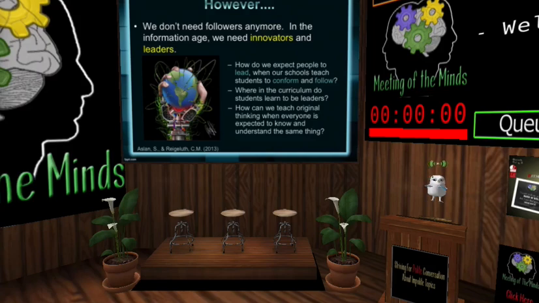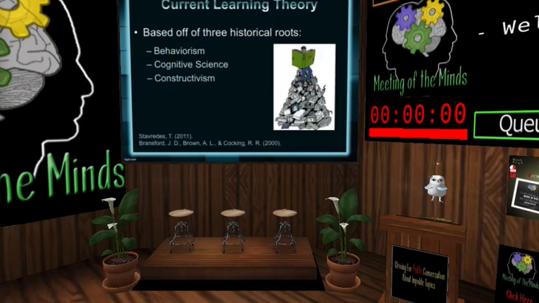Current learning theory is actually based off of three main historical roots: behaviorism, cognitive science, and constructivism. And I bet when I talk about behaviorism, people are really going to say, oh yeah, because it's what our current education system is actually still based on.